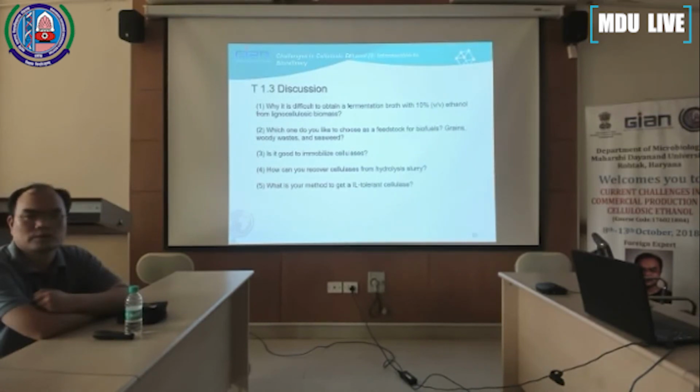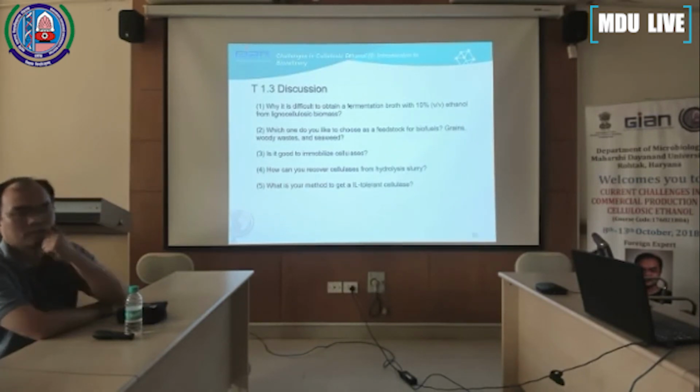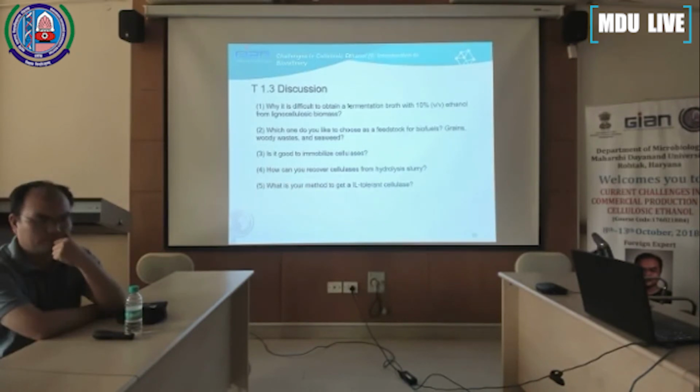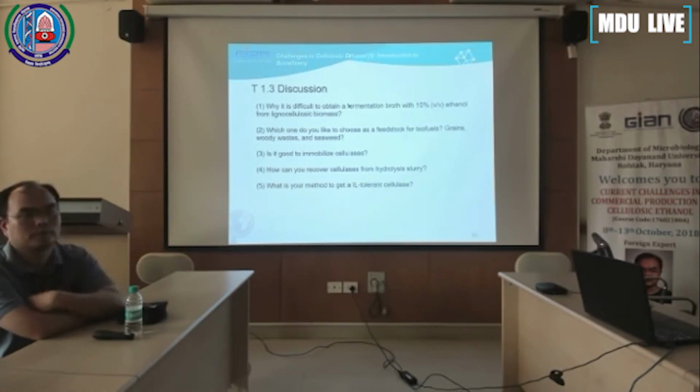Plus, inhibition of cellulases is another challenge scientists are facing nowadays. We can engineer the enzyme in such a way that it doesn't get inhibited, especially by the furans and furfurals produced during acid hydrolysis, because nowadays most of the time we use acid hydrolysis for the liberation of hemicellulosic sugars.